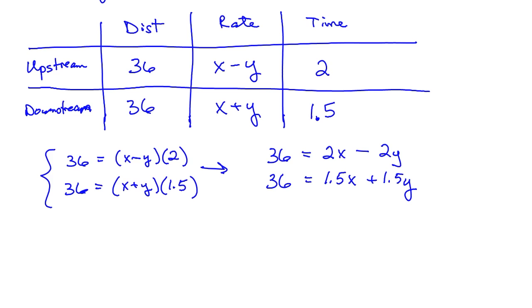Let me use an addition method. I see I have opposite signs on the y, so those are going to be the easiest ones to get rid of. I'm just going to multiply by the other coefficients. So to get rid of the y, I'm going to need to multiply the first one by 1.5 and the second one by 2.